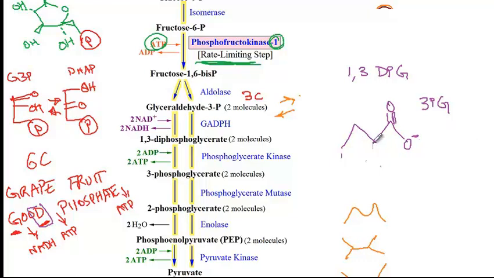Alright, now the second carbon has a phosphate group, and here we have an OH, O and O negative. So now we have a molecule of 2-phosphoglycerate. That's where we are in our pathway.